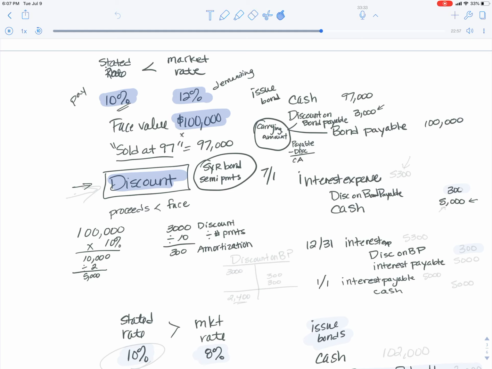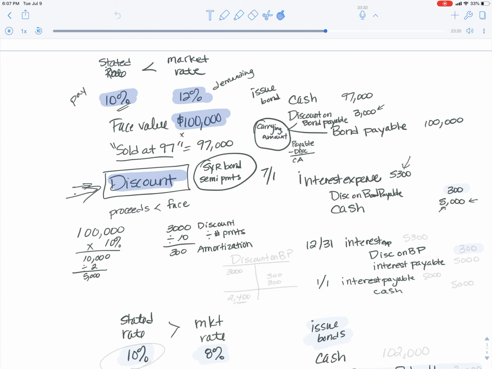So we're going to remove $300 after our first payment, and that increases our interest expense by $300. So in a discount situation, amortization increases your interest expense over and above your payment.